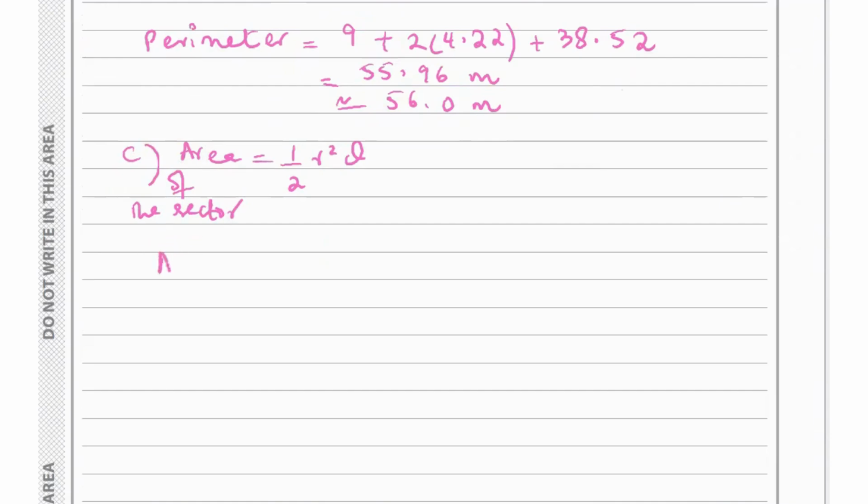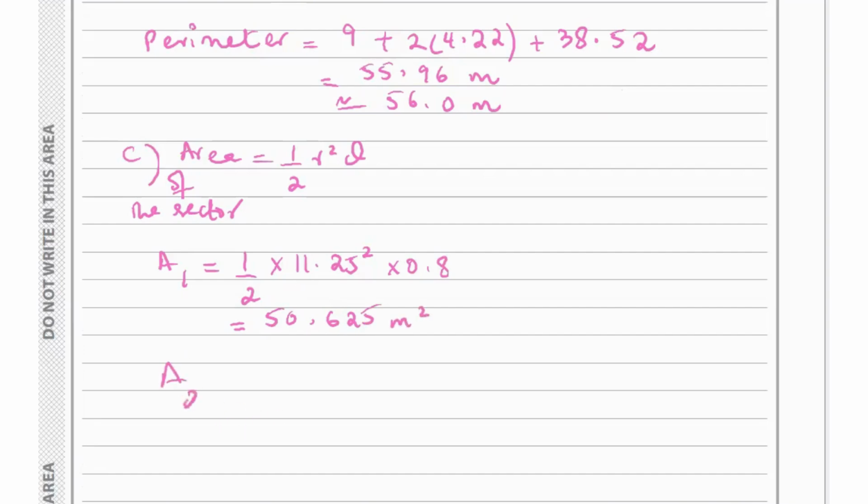So A1 is going to be 1 over 2 times 11.25 squared times 0.8. This is for the sector. That's going to be 50.625 meters squared.